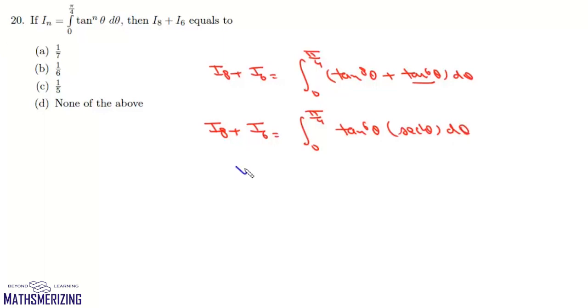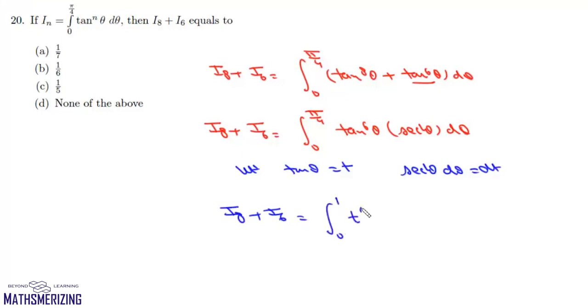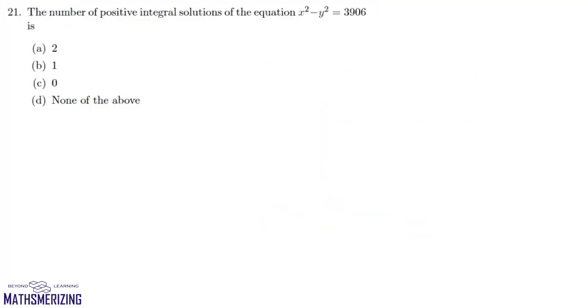Now we let tan theta equal t. And if we take tan theta as t, then secant square theta d theta will be simply dt. So we can write I8 plus I6 as the integral from 0 to 1 of t to the power 6 dt, which is 1 by 7, and that's your option A. Now here the question is, we need to find the number of positive integral solutions of the equation x square minus y square equals 3906.